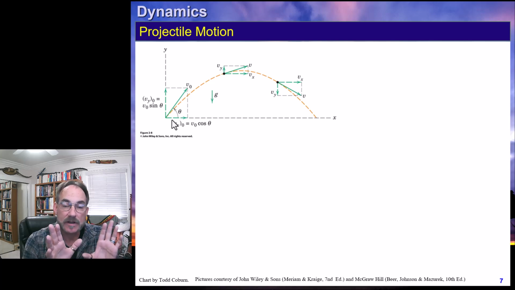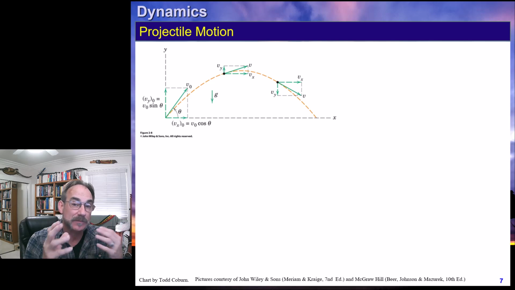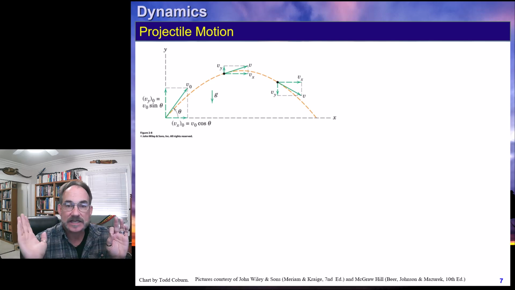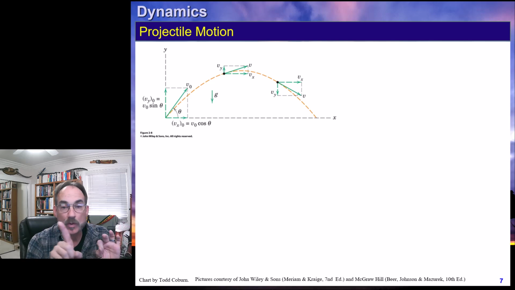Typically, we identify the origin at the starting point of our motion. We could put it anywhere, but usually that simplifies things a good deal. So if we put our origin at the start of our path, we can define x to the right and y up. Now we can say we shot off this particle with some initial velocity at some angle from the horizontal. So our theta and our v initial are our two input starting points.